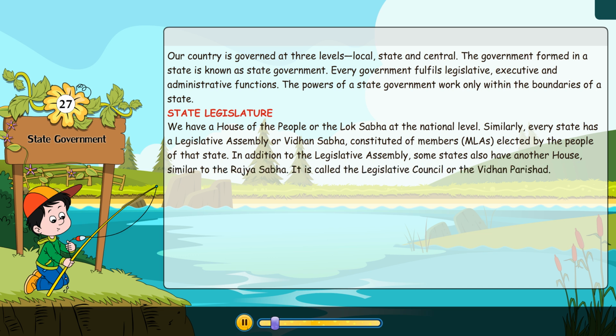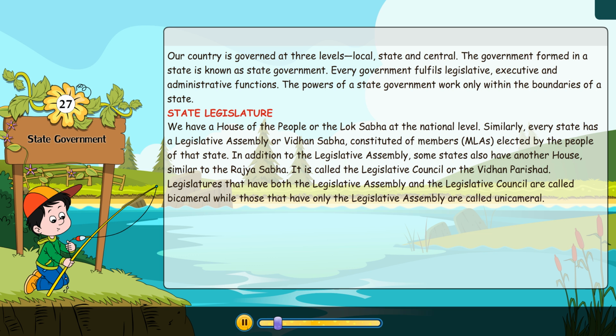It is called the Legislative Council or the Vidhan Parishad. Legislatures that have both the Legislative Assembly and the Legislative Council are called bicameral, while those that have only the Legislative Assembly are called unicameral.